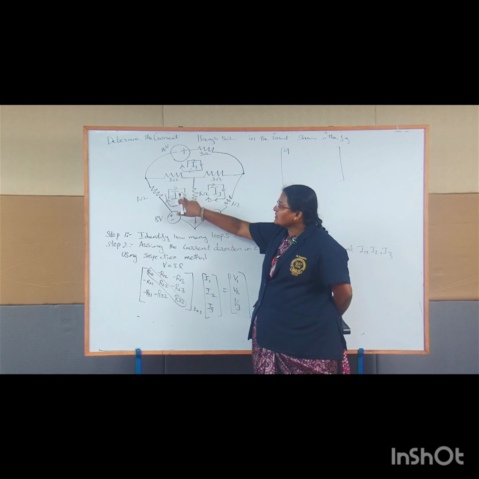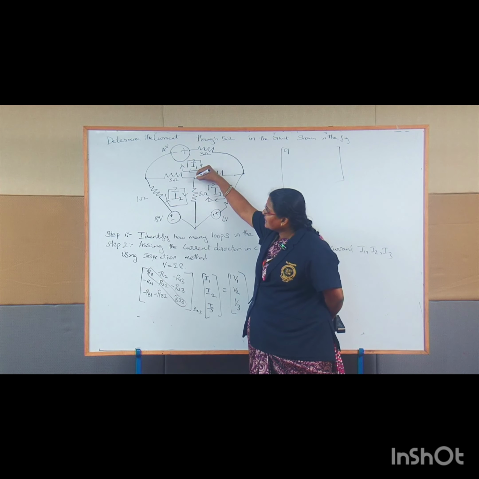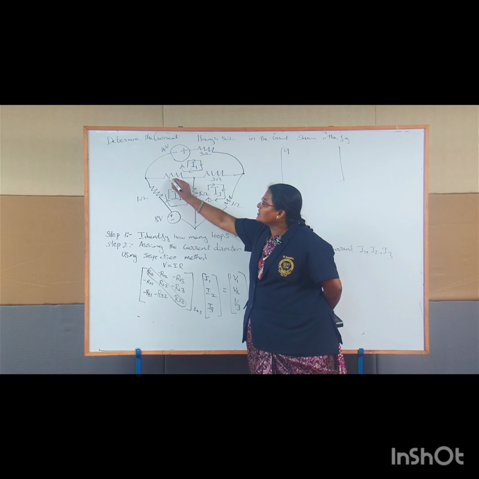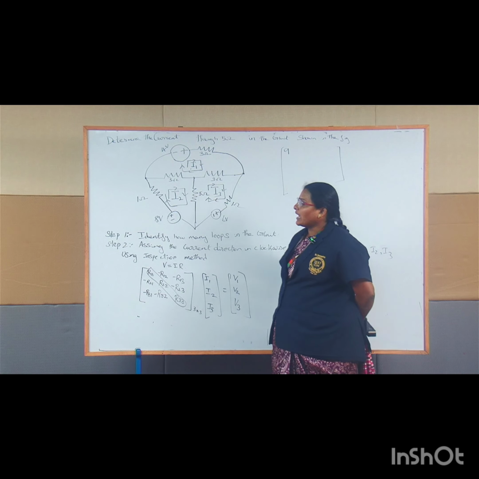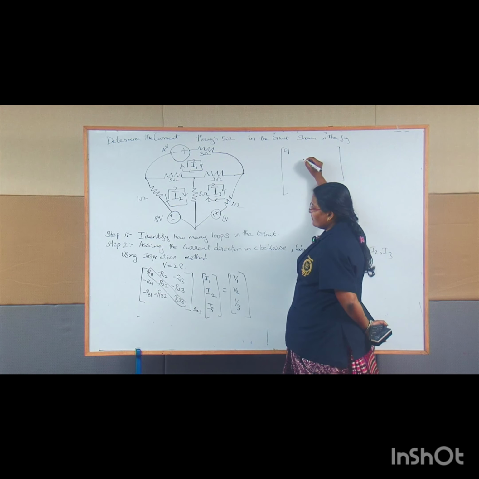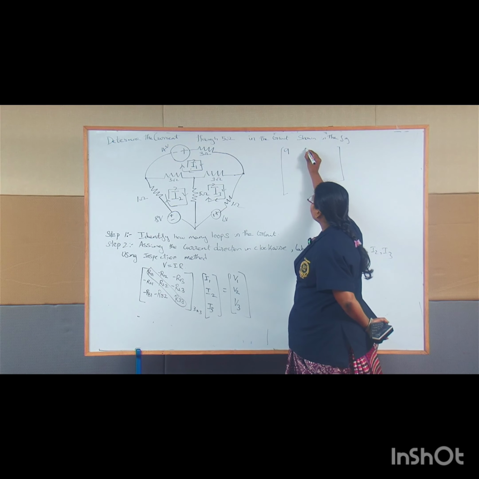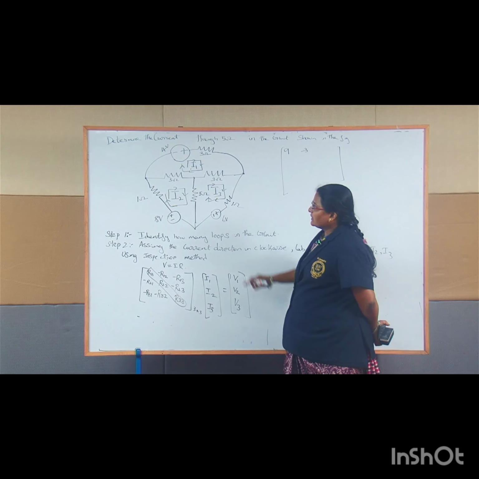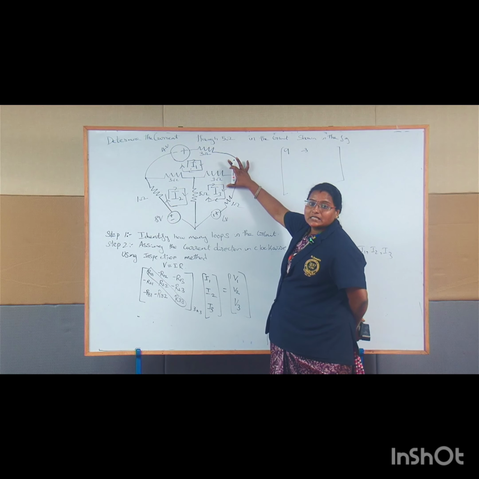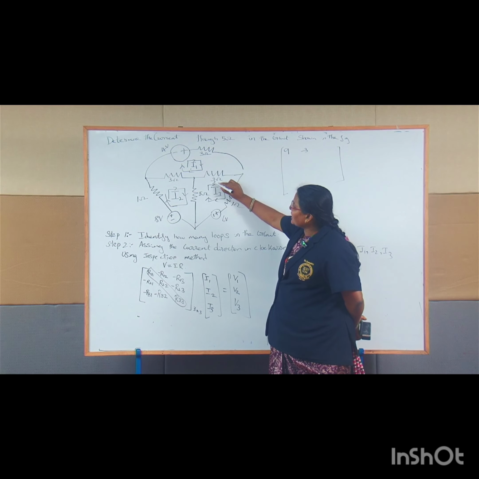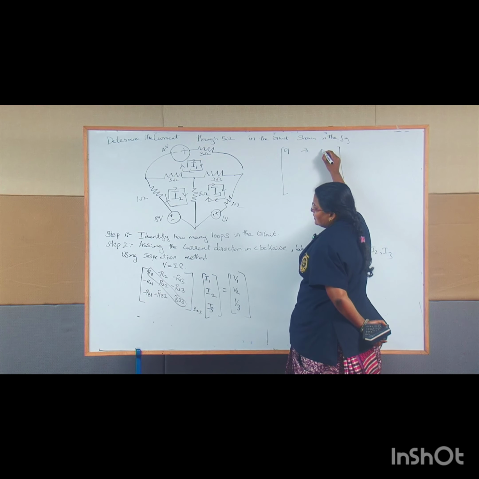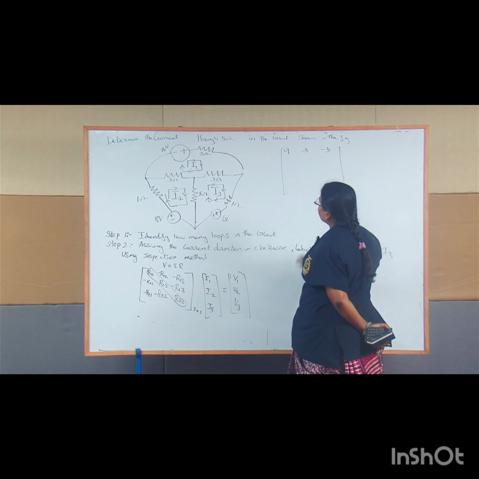This is I1, this is I2. This 3 ohm resistor is shared by loops I1 and I2, so as per your formula, this is minus 3 ohms. Similarly, R13. This is loop 1, this is loop 3. Here it is 3 ohms, so you have to write minus 3.